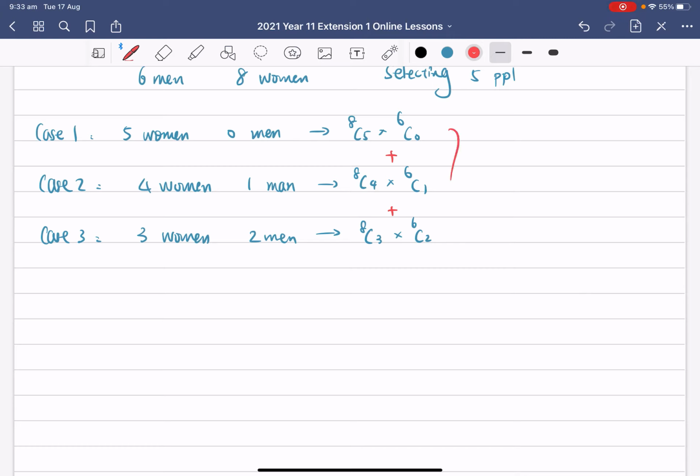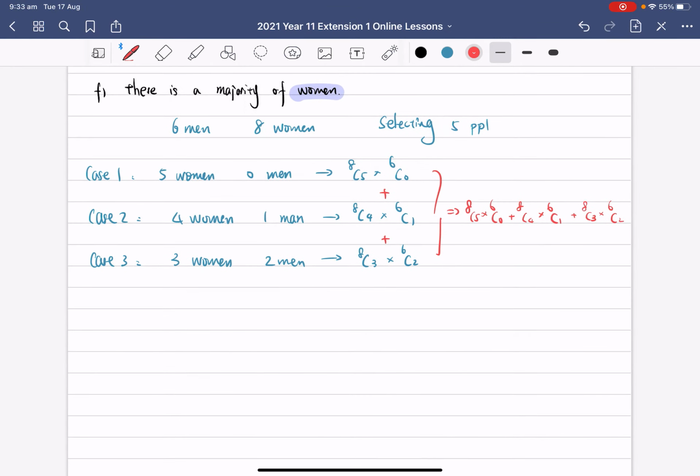You need to use your calculator to work out this answer. That's how you do the question where it says a majority of them are women.